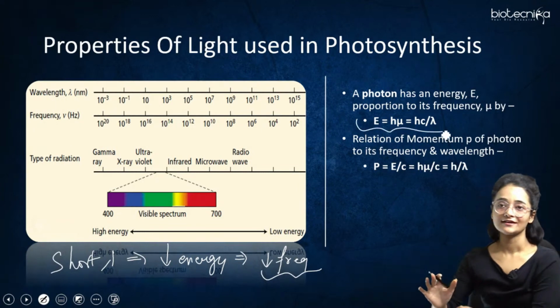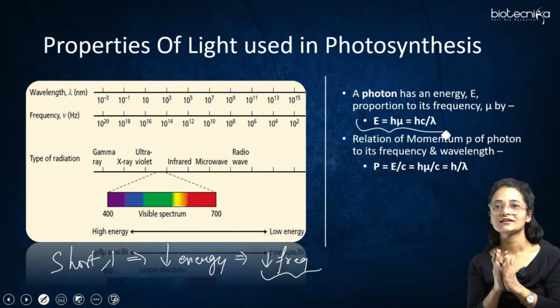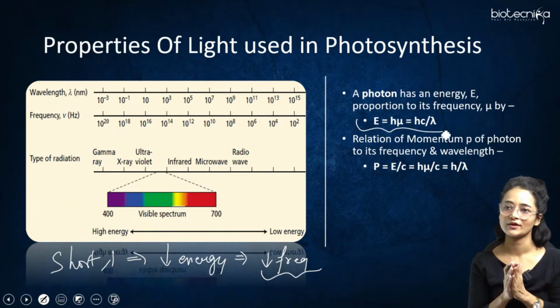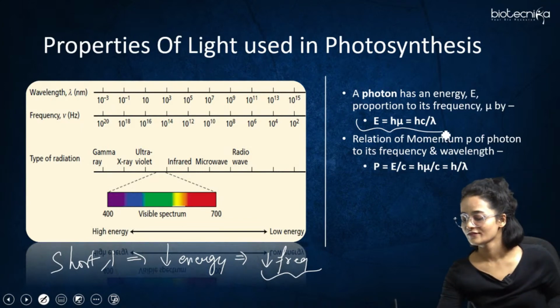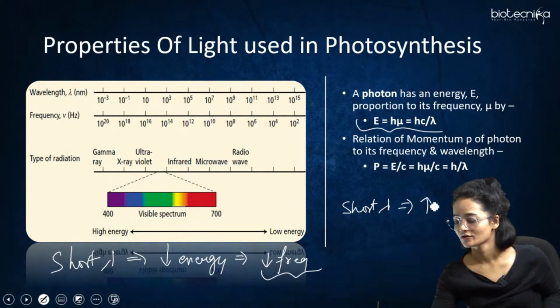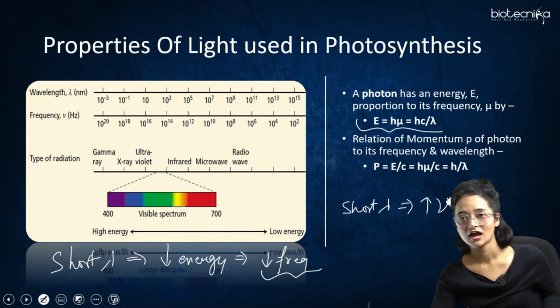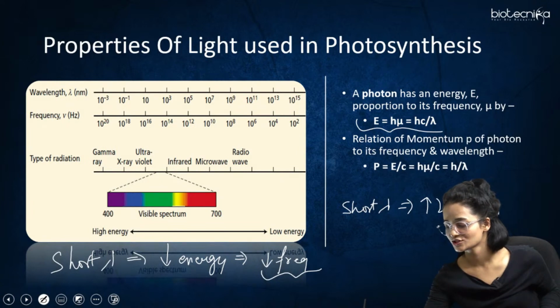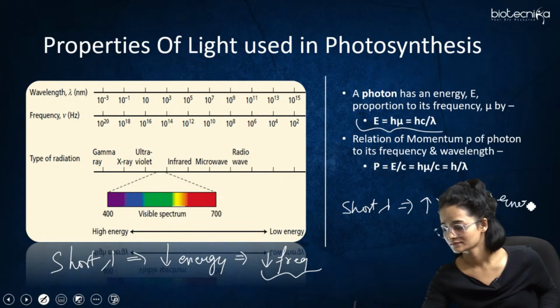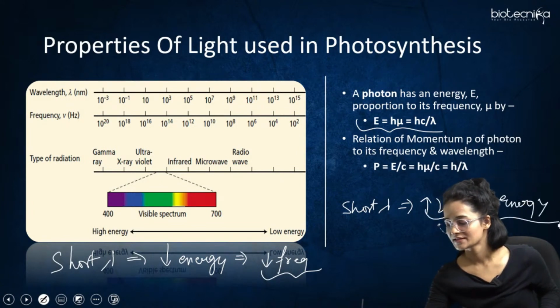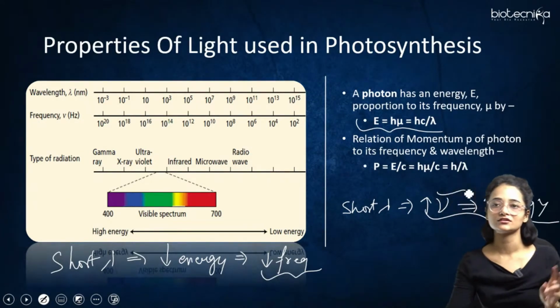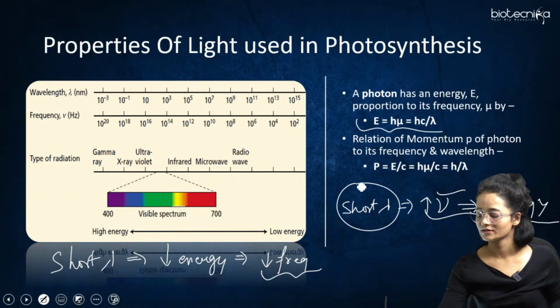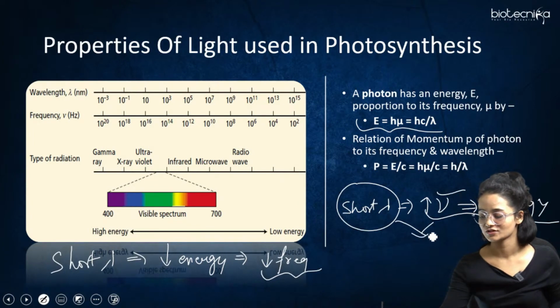So look at it again. Now, as we know, the frequency is inversely proportional to wavelength, right? If we choose the shorter wavelength light, the frequency would be high, and in this case the energy would also be high, right? Because energy and frequency have a direct relation, but wavelength and frequency have an inverse relation.